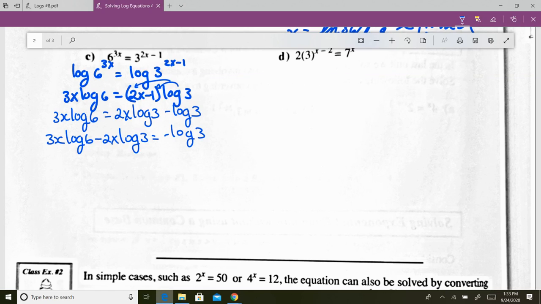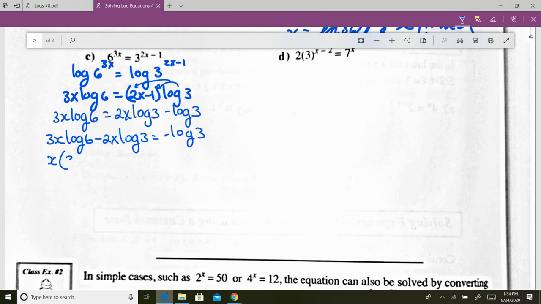Now what do I want to do? Make them the same base? Is that what you said? Well, they are the same base already, right? We're all in base 10. But you can't combine them because you have numbers in front. But what you can do is factor out an x. We're trying to solve for x. So we just want one single x.